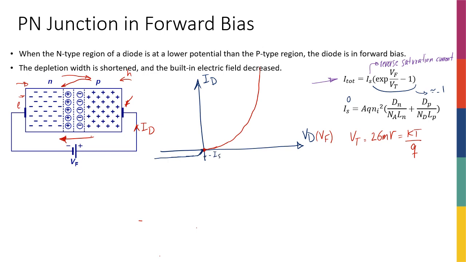This is the reason we call IS the reverse saturation current, meaning that if you apply a reverse bias voltage in this direction, ideally you don't have any current, but for any diode, depending on many different parameters, you're going to have a little bit of current. And by a little bit, I'm talking about femtoamps and picoamps, right? So it's something that we can always think of as not existing.